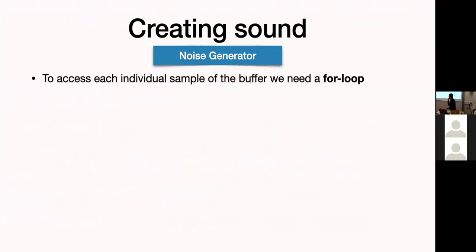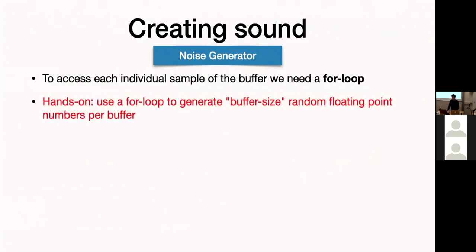Okay, so now we are printing a value every buffer. So in order to access every individual sample within that buffer, we need a for loop. And so let's continue and try and make a for loop within our channel loop. You can see a loop for every channel.